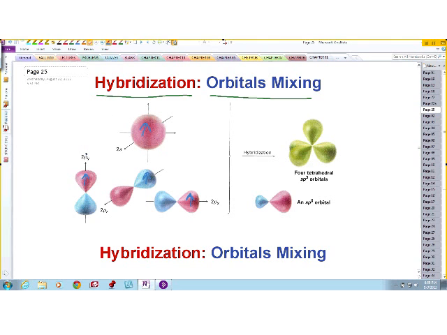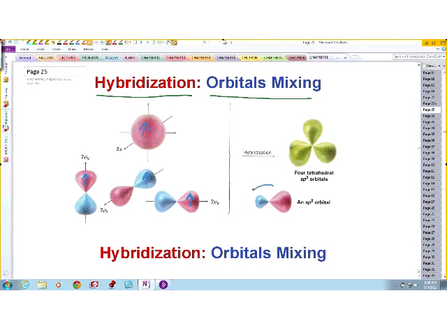Now, once you get the electronic promotion, the next thing that happens is orbitals mixing, okay? You mix all of the orbitals together. It's almost like putting them in a bag and just mixing them, and then they come out with a brand new set of orbitals.